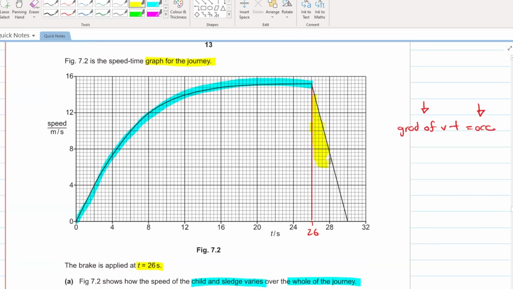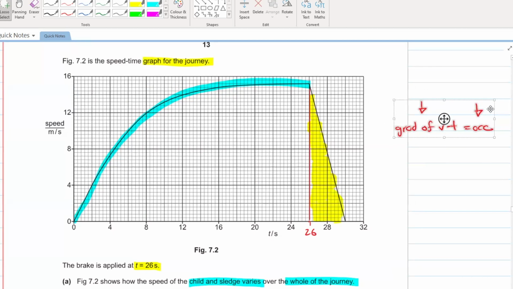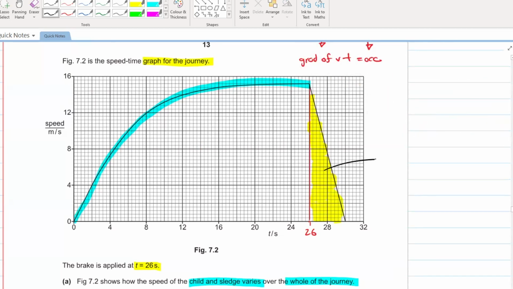It can be calculated as area under the graph. तो बेटा ये area under the graph किस तरह calculate करोगे? This is a triangle. What will you say? 1 upon 2 into the base, that is, this is 30. From 26 to 30, that is 4. And the height is this value. This is 14, this is 14.4. This will be 15.2. Okay.